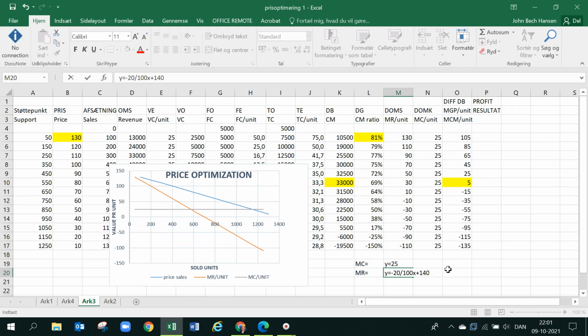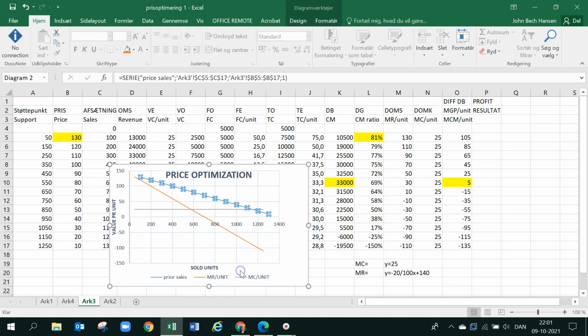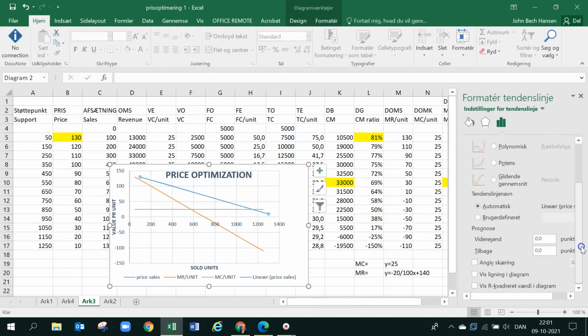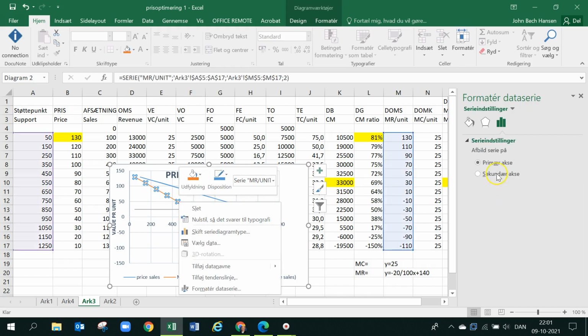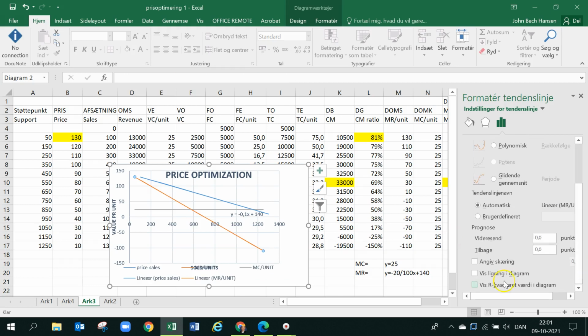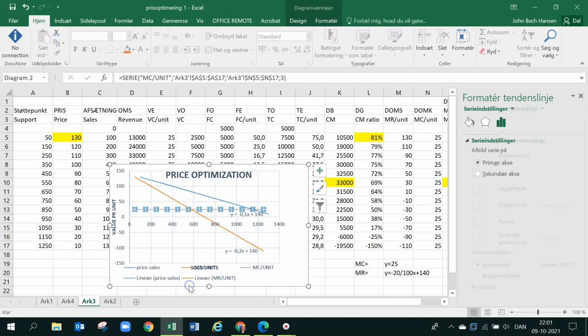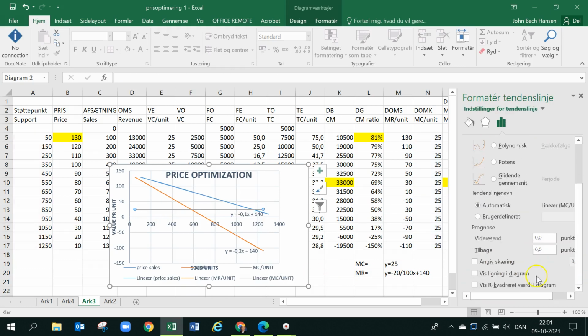140. And we can also check that, because if we right click on a line, I can add a trendline and show the equation on the sales, on the marginal revenue, and on the marginal cost.